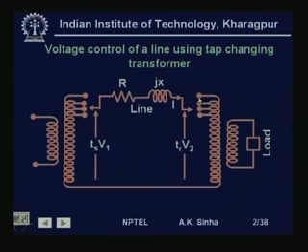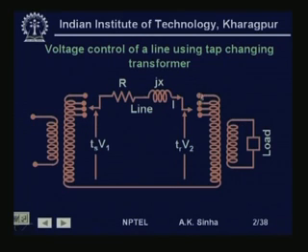If we put it above the nominal position, then the load voltage is going to be somewhat lower than what it will be at the nominal position, because on the high voltage side the number of turns will increase, whereas on the low voltage side, the number of turns being same, the ratio will get reduced. Similarly, if we put it on the lower side of the nominal, we will get somewhat higher voltage on the low voltage side.